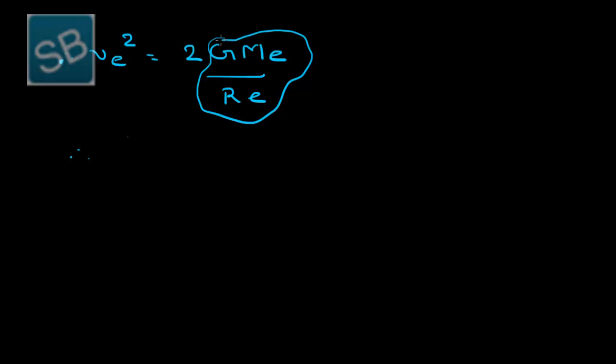Therefore, VE square is equal to twice GME over RE. Now I am making this GME over RE as an object because it appears in the law of conservation equation. So VE square divided by 2 is equal to GME over RE.